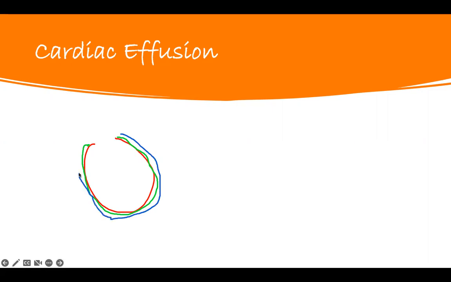So these 2 layers are the pericardium, okay? Effusion happens if between those 2 layers, the fluid that is supposed to be there is more than what is expected. So within this space, you have too much fluid surrounding the heart.